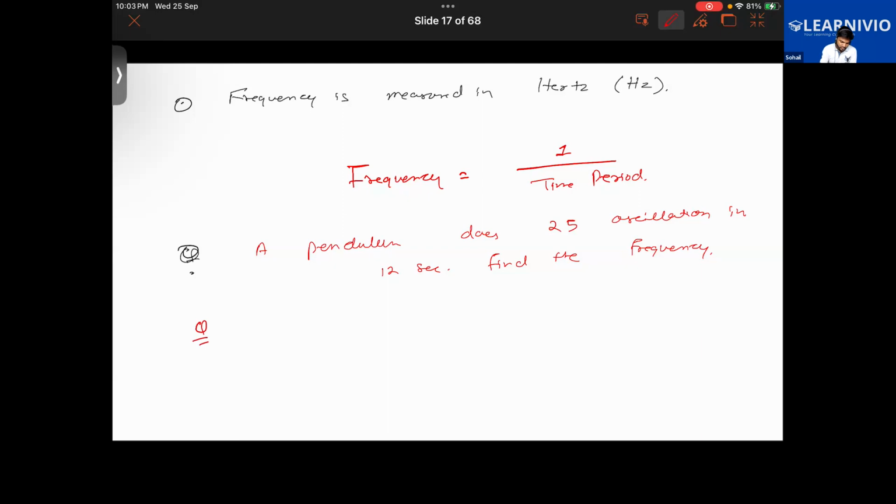I'm giving one more question here. By the way, have questions been practiced on this in your school, Priyanka? Do you have practice questions on time period and frequency in school?